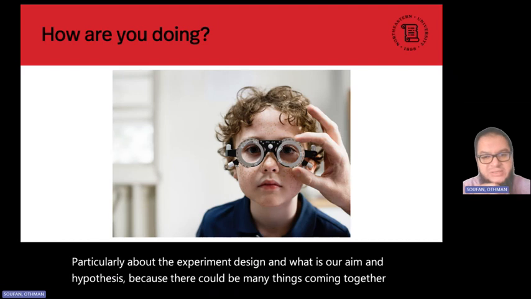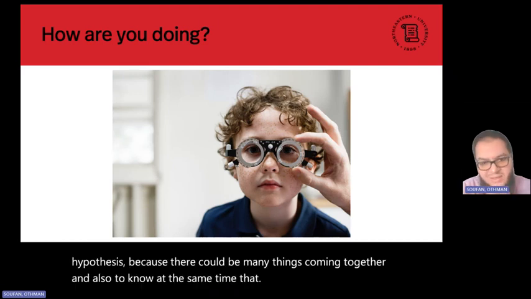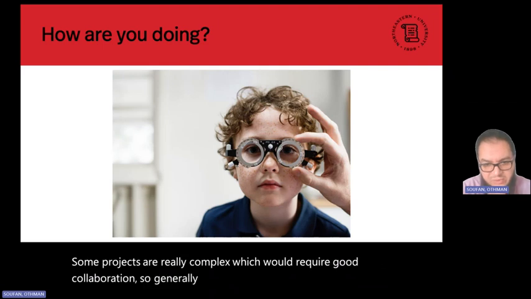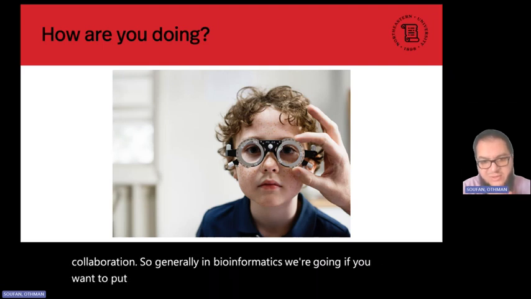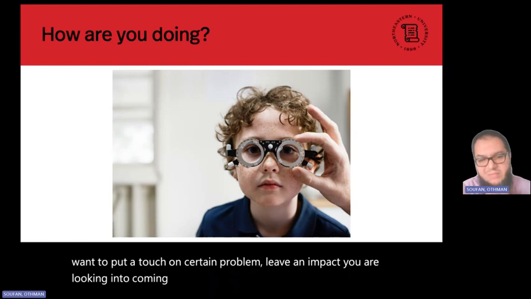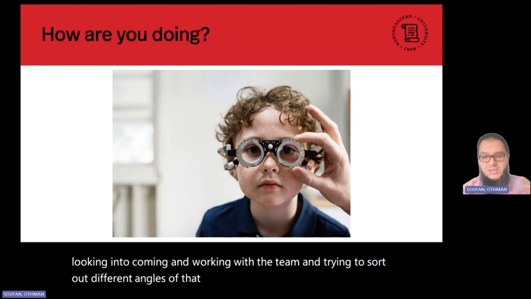And also to know at the same time that some projects are really complex, which would require good collaboration. So generally in bioinformatics, if you want to put a touch on a certain problem, or leave an impact, you are looking into working with a team and trying to sort out different angles of that project. So I hope this helps.